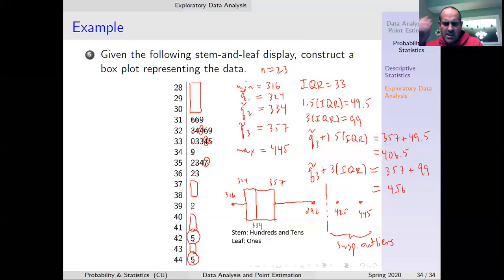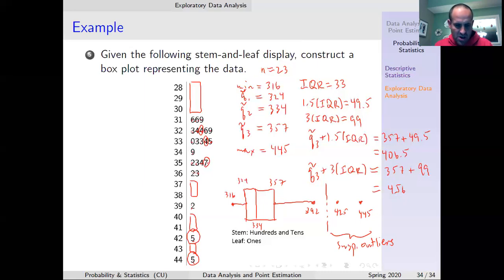Again, that was just a rough sketch. I would need to be more precise if I wanted it perfectly to scale, but this is at least a quick way to summarize the data. Looks like I have a little bit of a positive skew going on here as well. It's not surprising since I have some suspected outliers out on the right end.